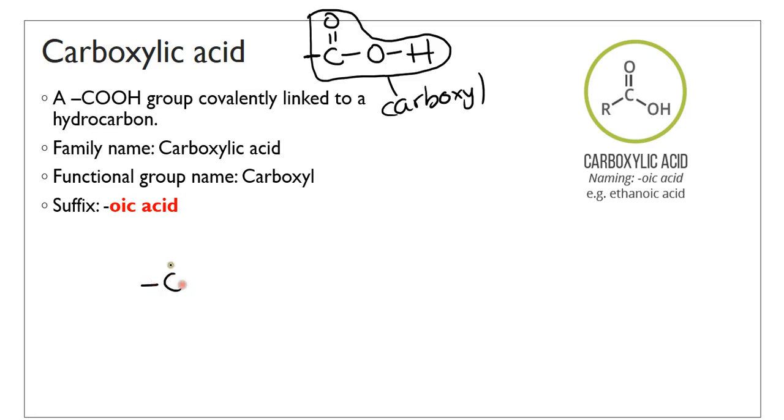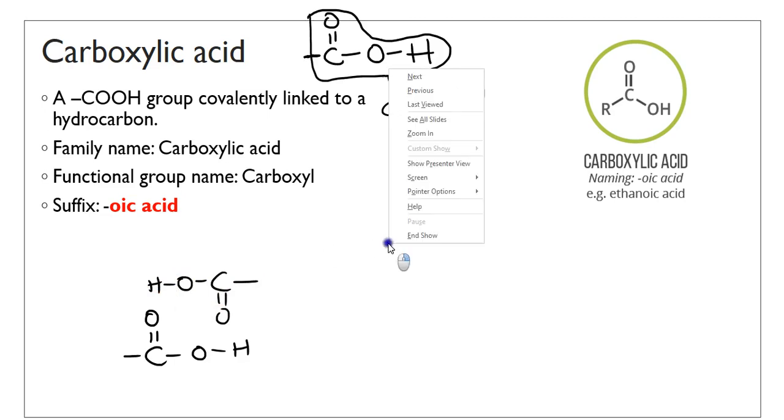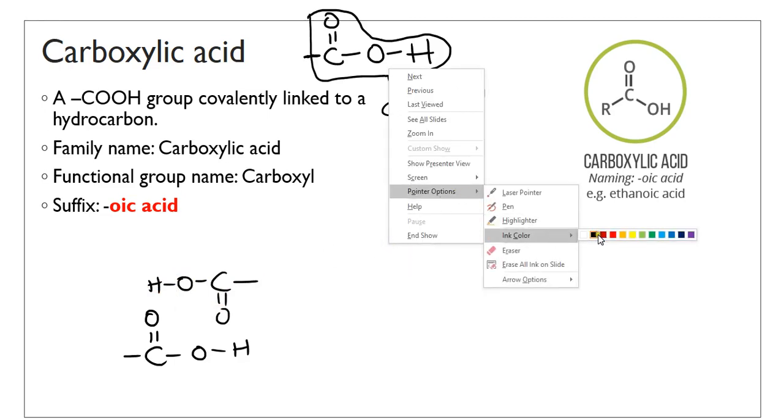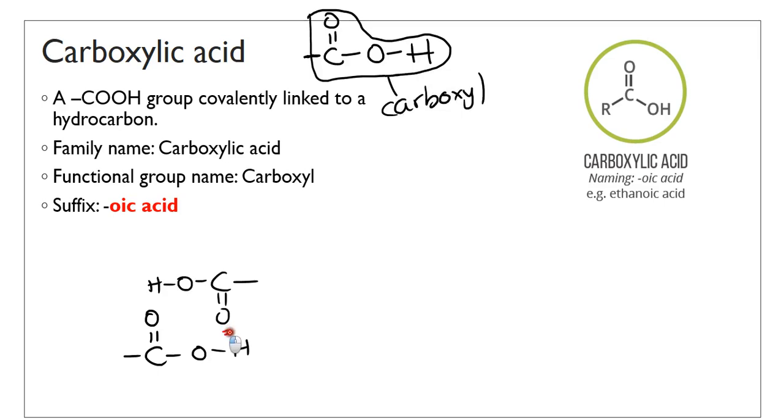So a C double bond O, OH can form hydrogen bonds. This is actually very, very interesting because of the way that the two carboxylic acid molecules can orient themselves. So you can have a C here, double bond O, and then O, and then H. If the two carboxyl groups rearrange themselves in this manner, you can actually form two hydrogen bonds between the positive dipole and the negative dipole.